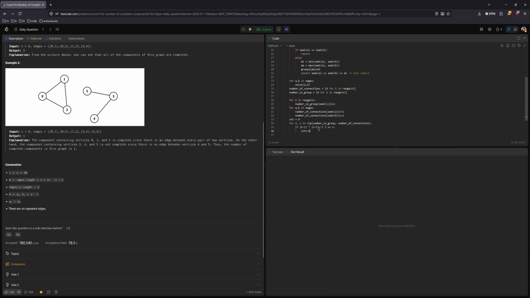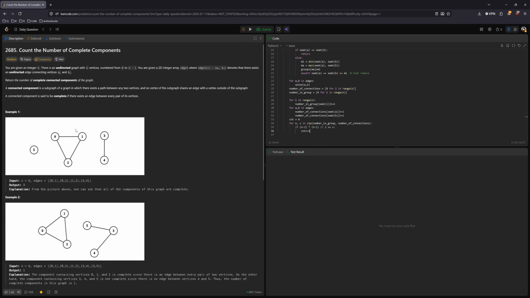If there's 0, it shouldn't be negative 1. Well, no, it would never be 0. That doesn't make any sense. It would be 1, and that should be 0 connections, right? And if there's 2, then it should be 1. Yeah, well, that ain't gonna work.